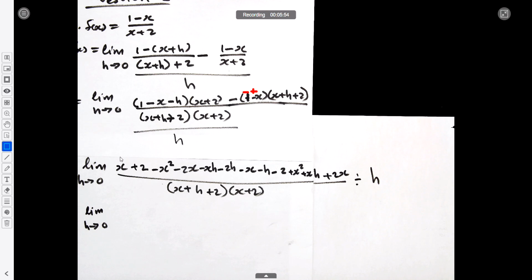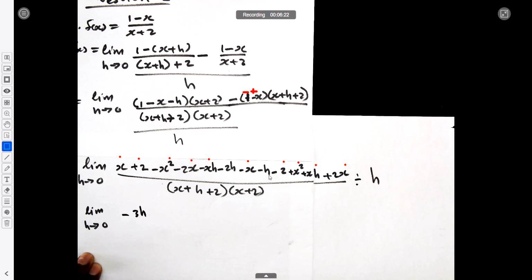I hope you see that x is going to be eliminated by negative x, and 2 minus 2, and x squared plus x squared minus 2x plus 2x, and minus xh with plus xh. And then we're going to have negative 2h and negative h to give us negative 3h.